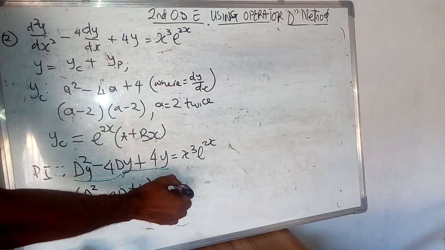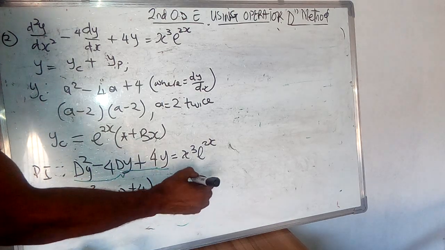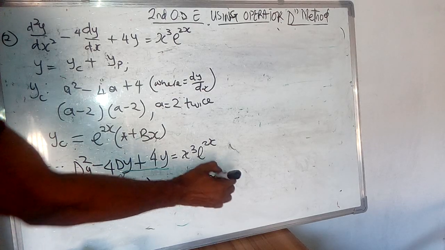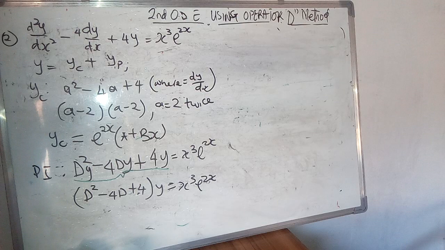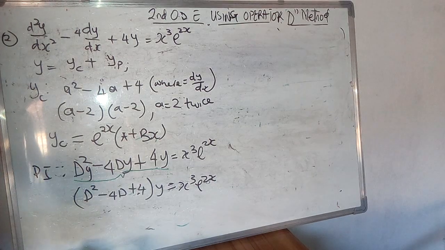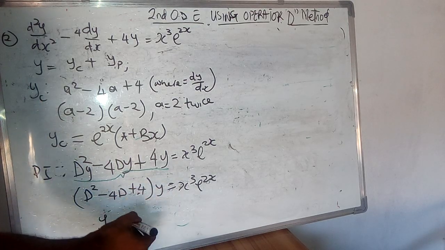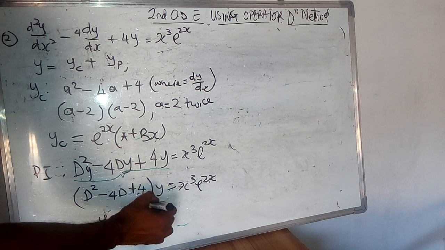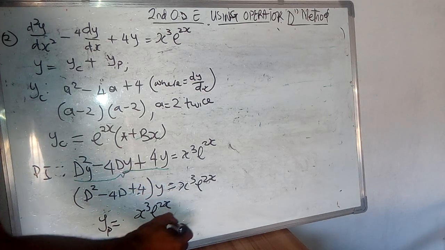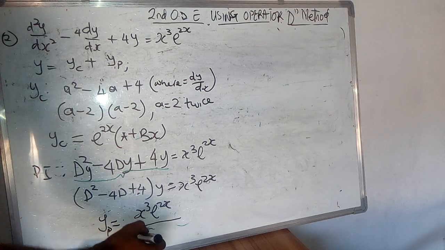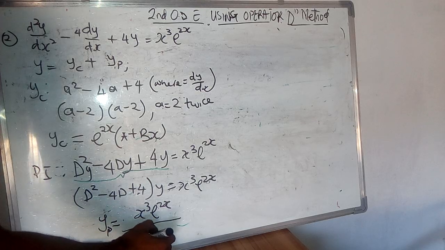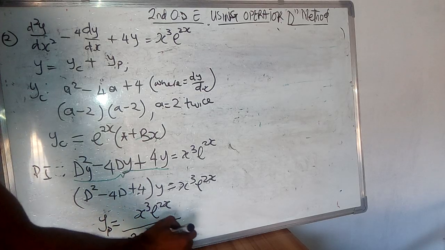That will give you x cubed exponential 2x. So you can now say that y, making y here the subject, should be x cubed exponential 2x all over d squared minus 4d plus 4.